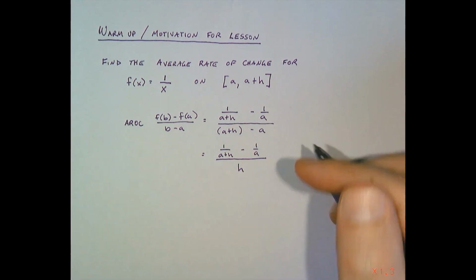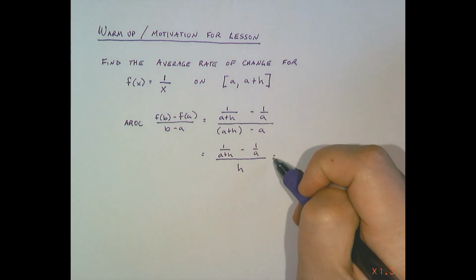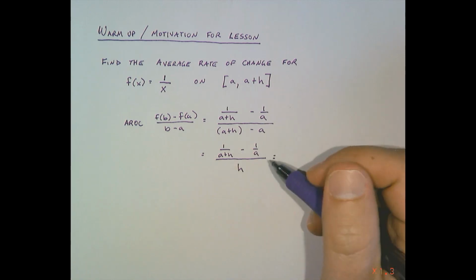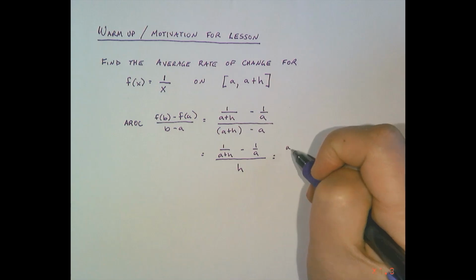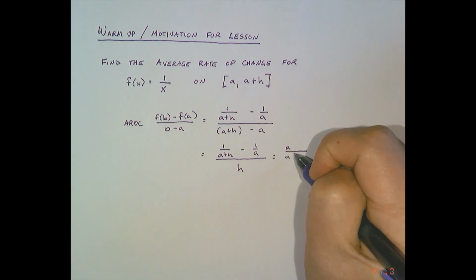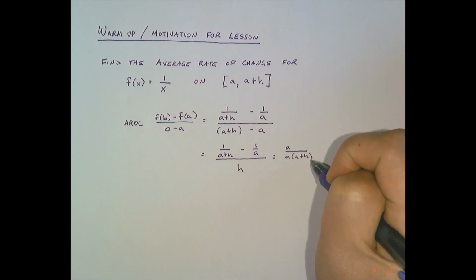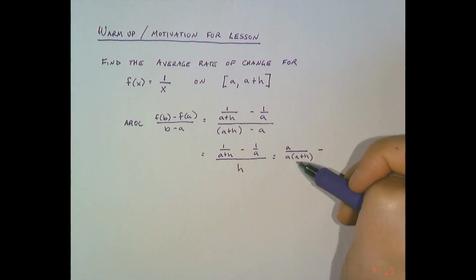And so the way we're going to go about simplifying the numerator is finding common denominators. If I take my first fraction and multiply top and bottom by a, I'll have a common denominator.